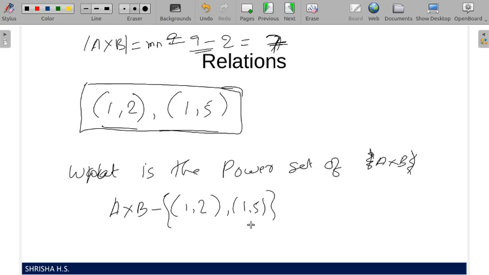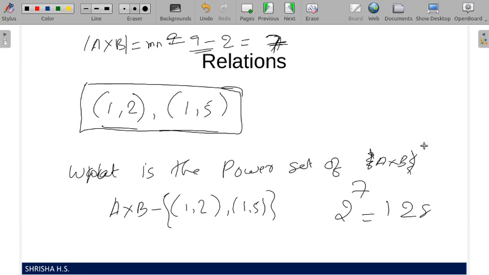We are not considering 1 comma 2 and 1 comma 5 because they are already there, it is set. How many elements are there? 7. Only out of those 7 ordered pairs we need to make our power set combinations. So 2 to the power of 7 is 128.